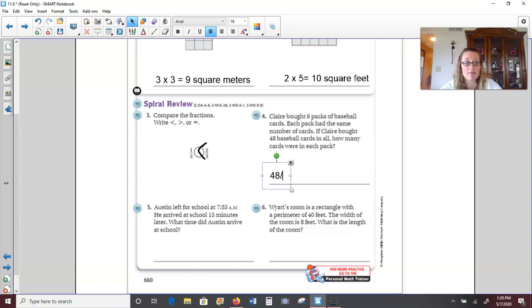So we're going to divide by 6 to figure out how many were in each pack. So think multiplication. 6 times what is 48? What's our answer, guys? 8. So we would say 8 cards in each pack. All right.